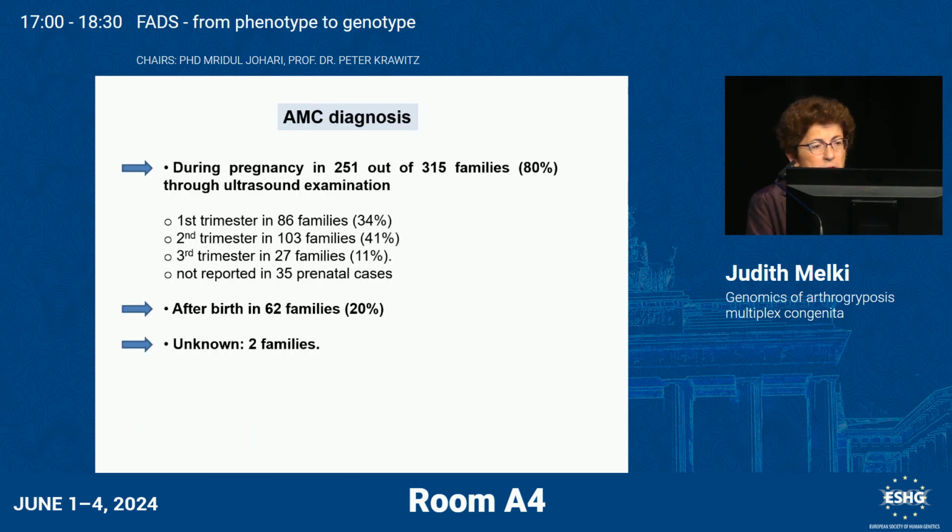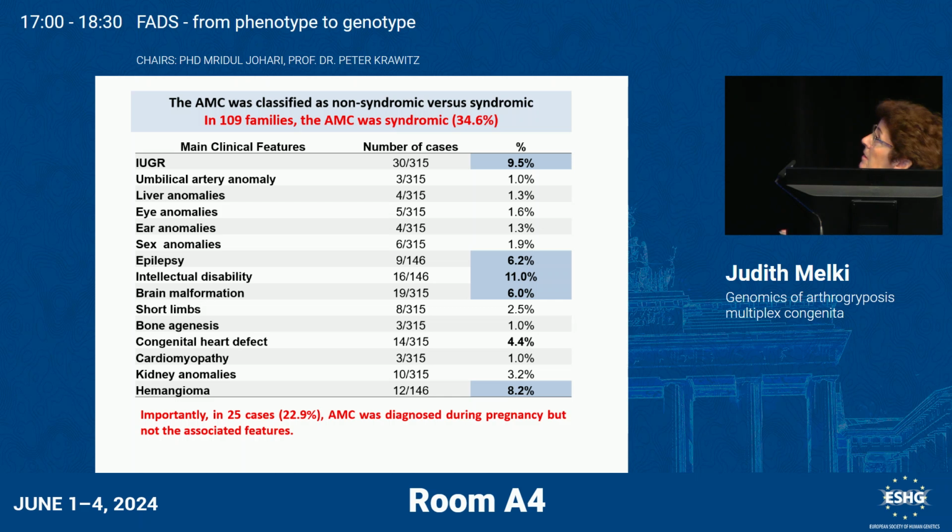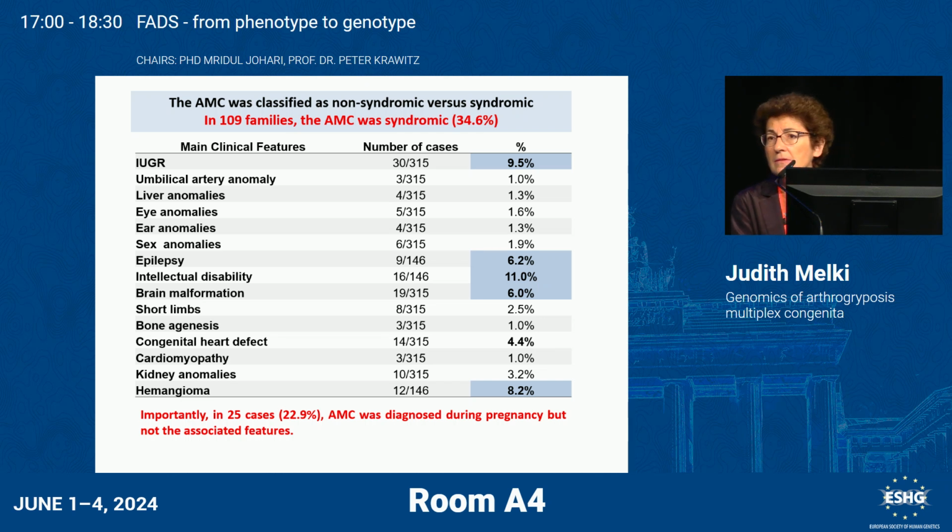So the AMC was classified as non-syndromic versus syndromic, depending on the associated features unrelated to arthrogryposis or to reduced fetal movement. In 109 families, the AMC was syndromic, so in 34% of cases.